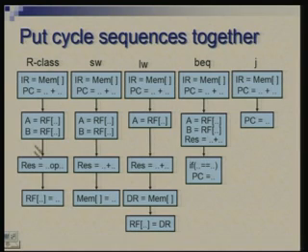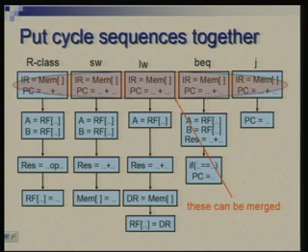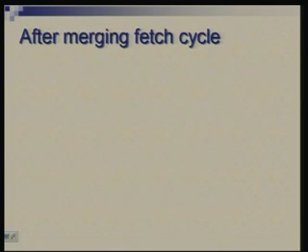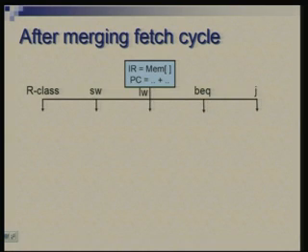At the moment we have 5 different chains or 5 different sequences, but we want to have a single graph which indicates how one moves from one state to another and what action is required in each state. So, obviously, these can be merged. Okay. The first cycle seems to be carrying out the same activity, and we can merge this. So, after merging, we have a single state and then a point where we are branching.